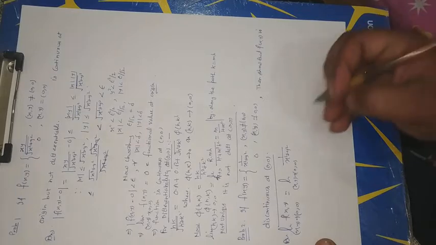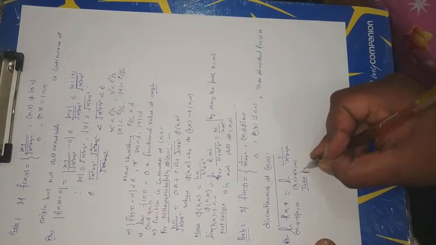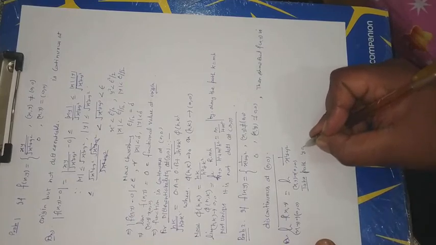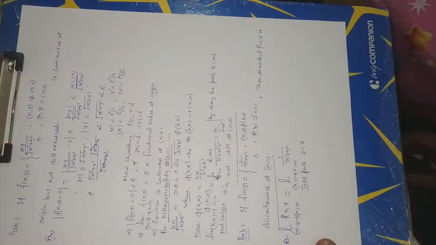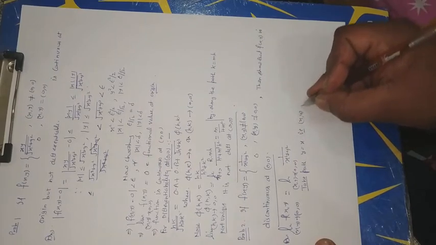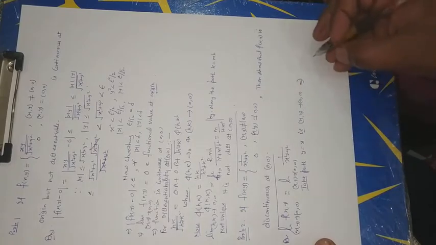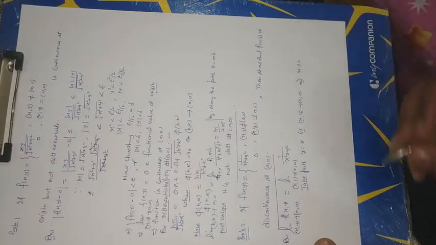Now take path y equal to x, that is, (x,y) tending to (0,0) transforms into x tending to 0 only.